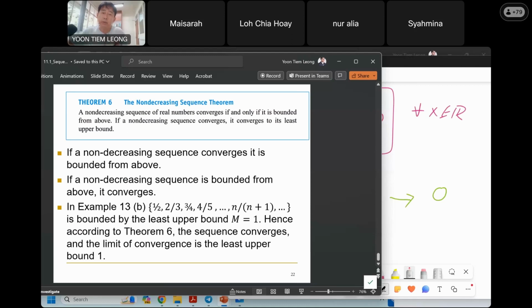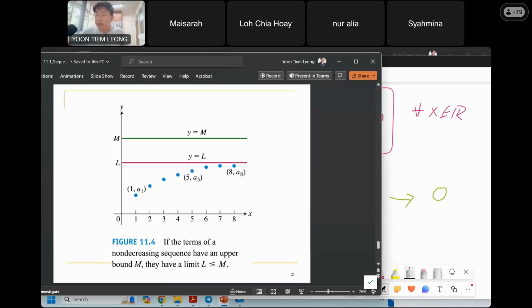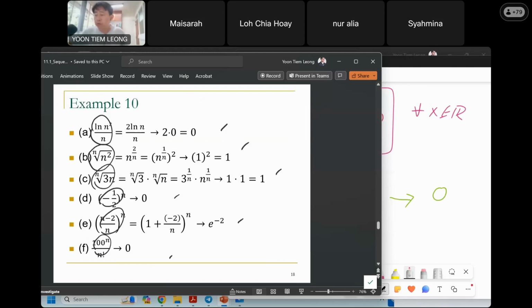As long as the sequence fulfills this condition, it will be able to tell you whether a sequence has a limit or not. Or in other words, whether a sequence will converge or not could be easily understood by theorem 6. But before we talk about theorem 6, the non-decreasing sequence theorem, we have to talk about two definitions.